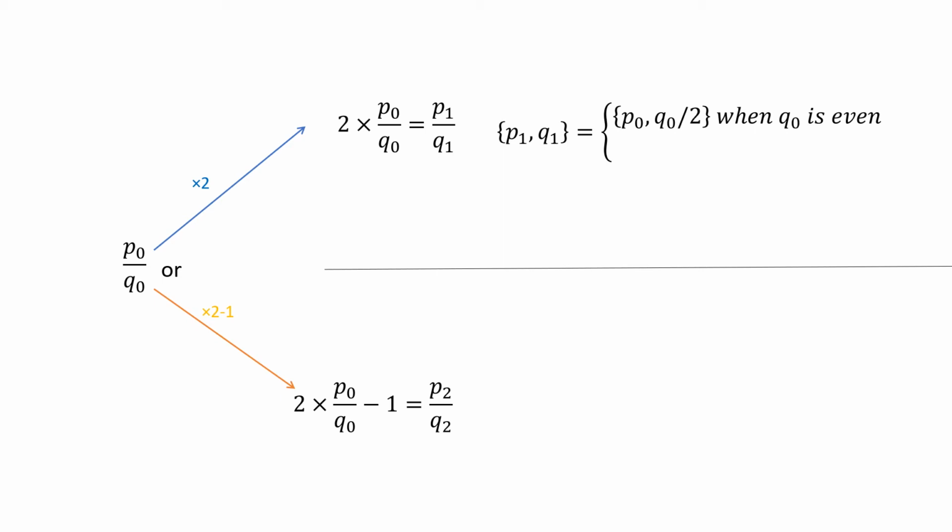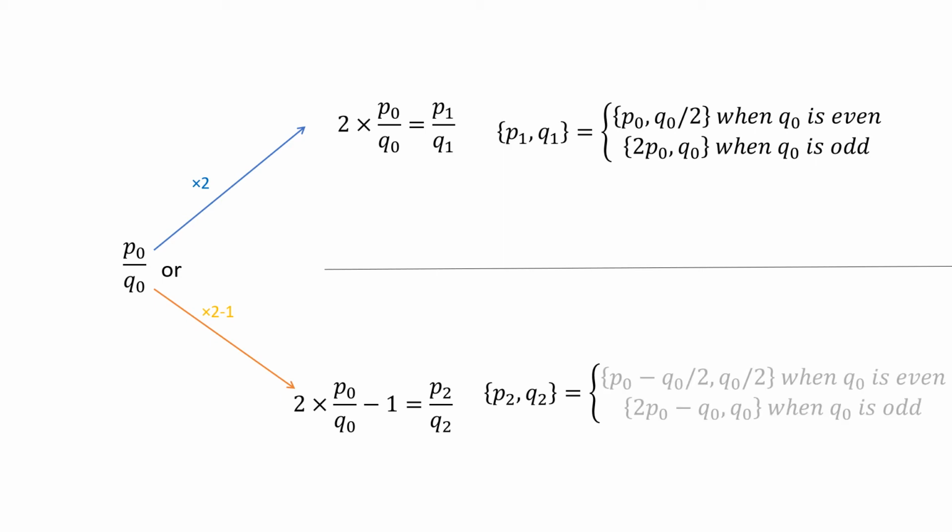If q0 is odd, then we can multiply p by 2 and obtain p1, leaving q1 equal to q0. Now with the orange arrow, we do like before with the multiplying. Subtracting the fraction by 1 won't affect the denominator q0 in relation with q1, but it will decrease the numerator by its denominator.